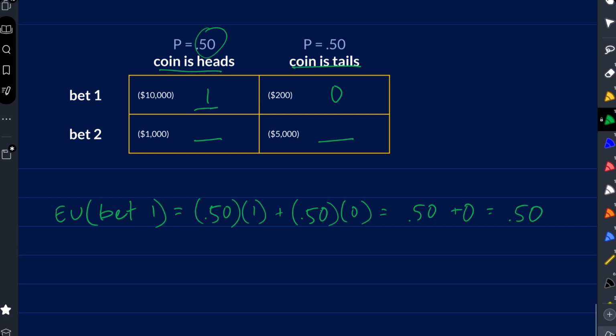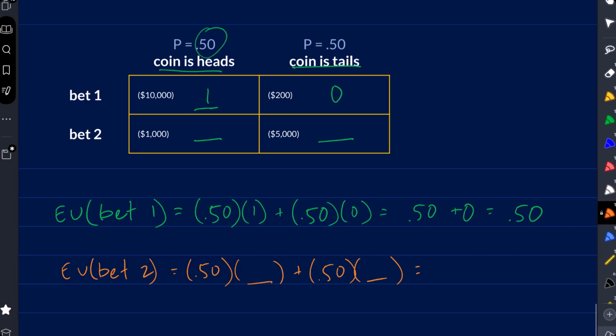And then for bet 2, you would just need to supply whatever utility values you found for this outcome and this outcome. Then you could do the calculation to find the expected utility for bet 2, and following the expected utility strategy, you would pick whichever bet has the higher expected utility.